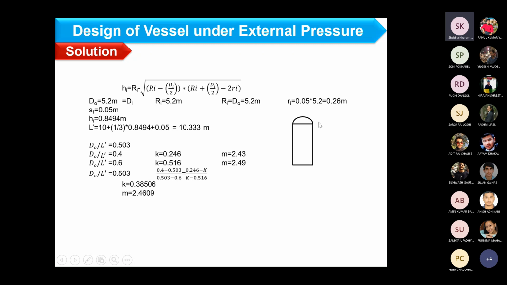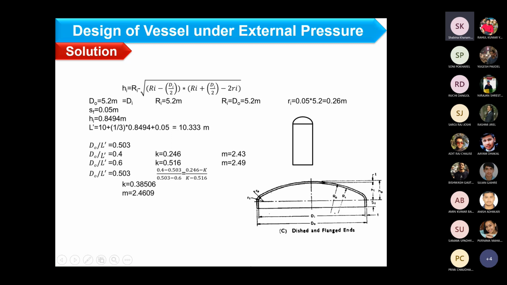So in this case, the total height of the shell is given as 10 meter, but some part of this we also need to add in this length to account for the irregularity, or we can say the form section in this head, right? So for this I need to add 1 by 3 of hi. Okay, what is this hi? hi is basically this. If you consider this is hi, up to here we have the length 10.